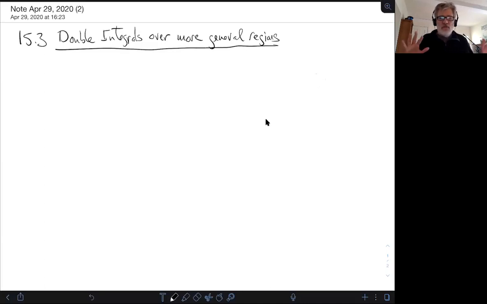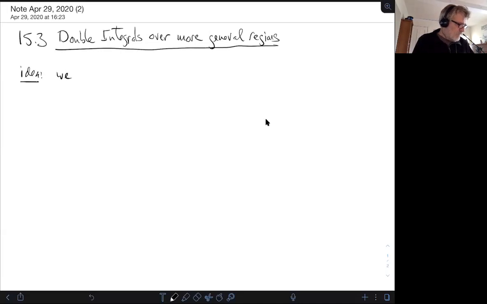Okay. So the idea is that integrating over rectangles is not going to do the job for us. So we'd like to be able to integrate functions over domains which are not rectangles. So how are we going to do this? Then the trick is actually pretty simple to some extent. So here's the idea.